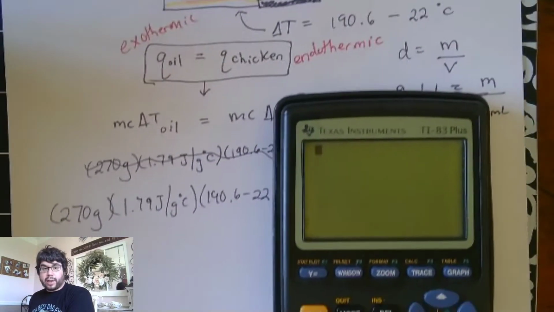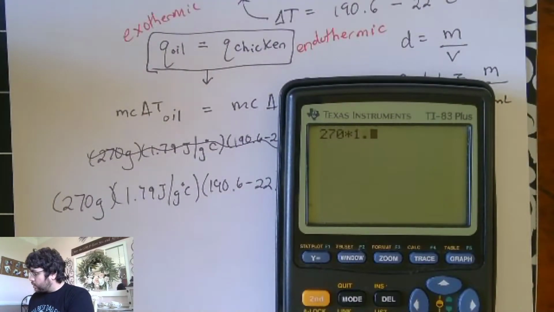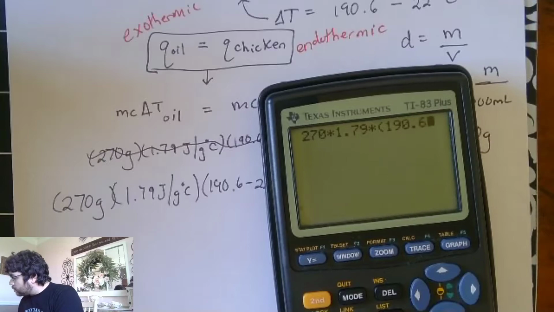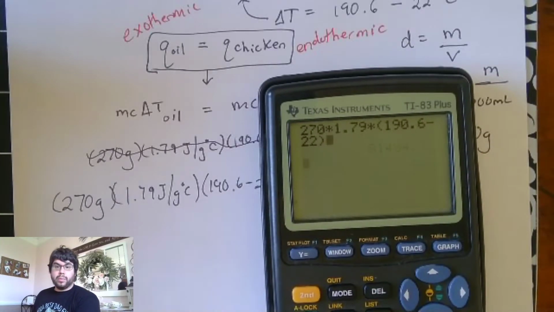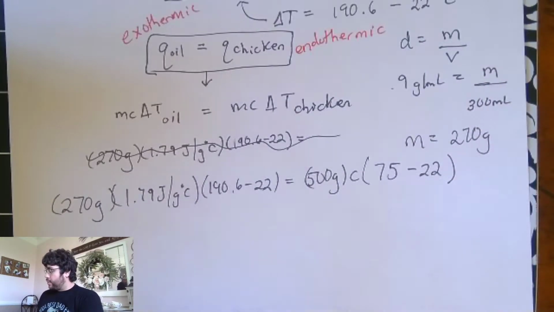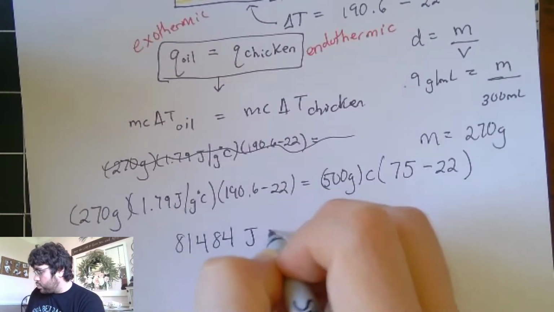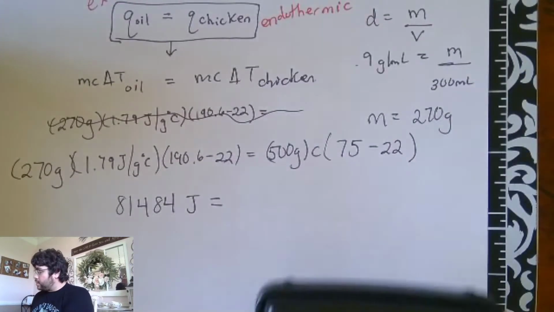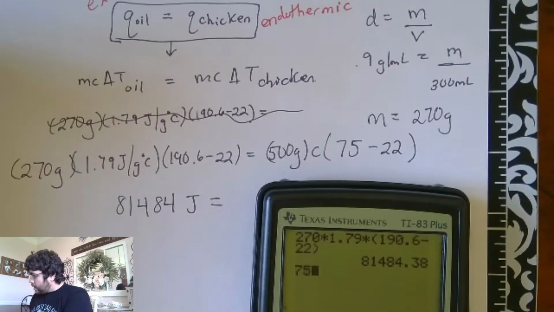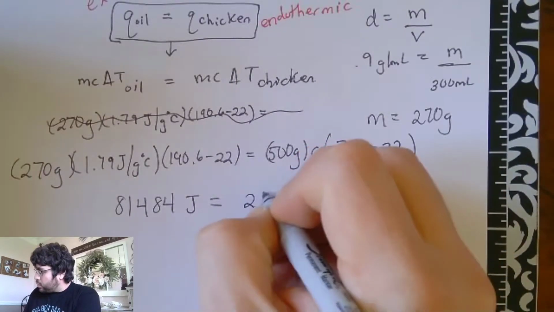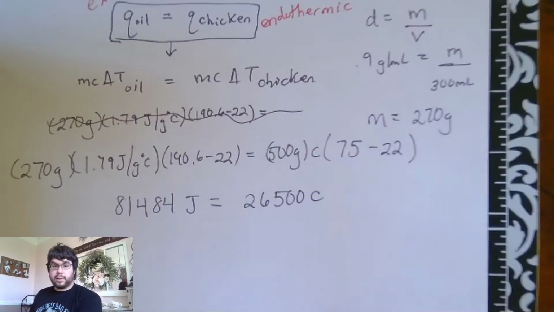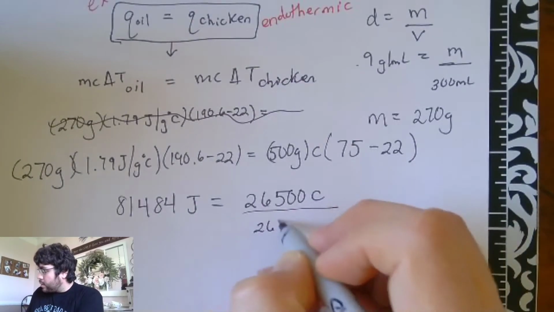So on the left side, we've got 270 times 1.79 times 190.6 minus 22. Okay, so 81484. We'll just do the 5 sig figs. 81484 joules equals, and on the right side, 75 minus 22 times 500, which is 26500. 26500 times C. Okay, and then just divide on both sides.